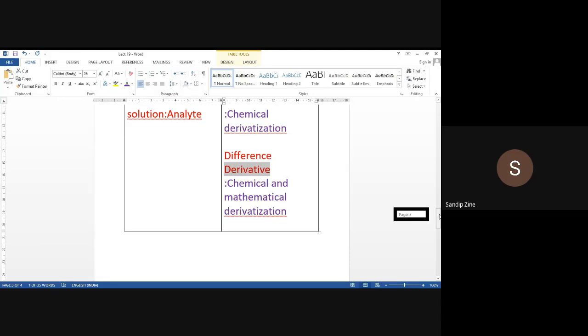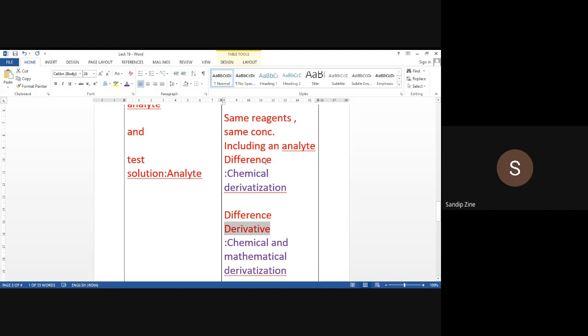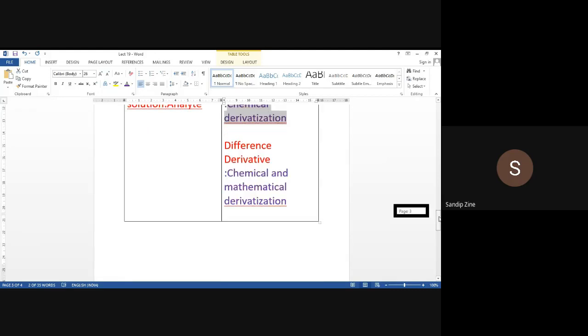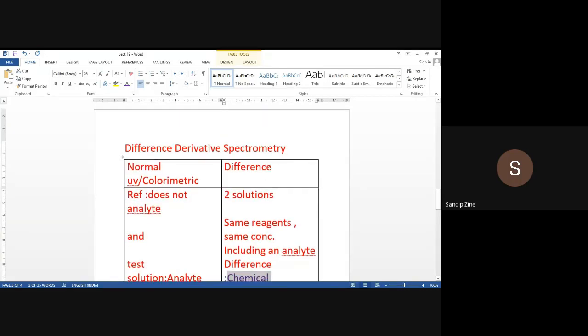If the question is about difference spectrometry, the only answer is chemical derivatization. That's all. So in this way we understand difference derivative spectrometry, which is the combination.